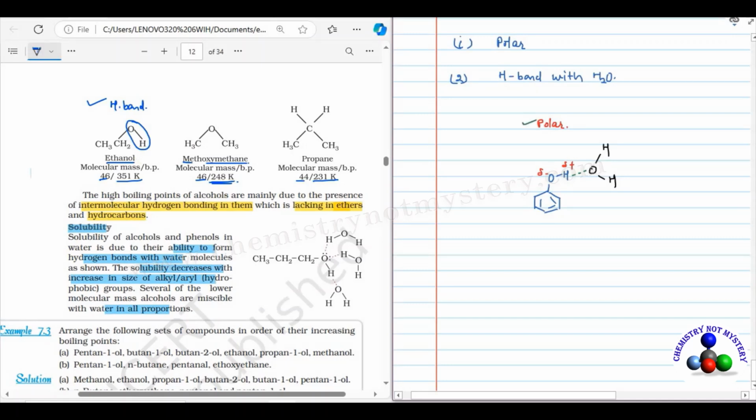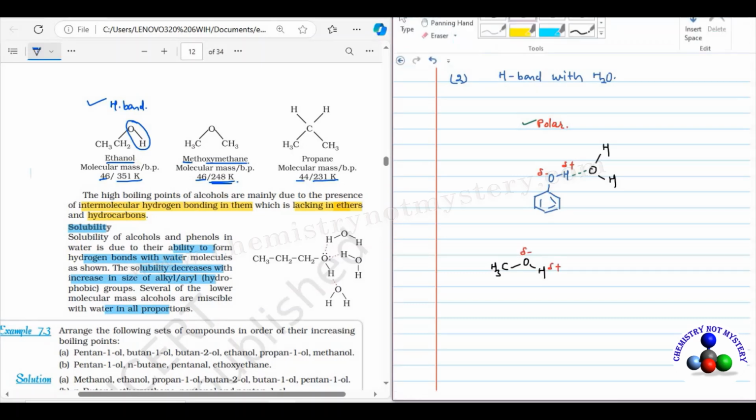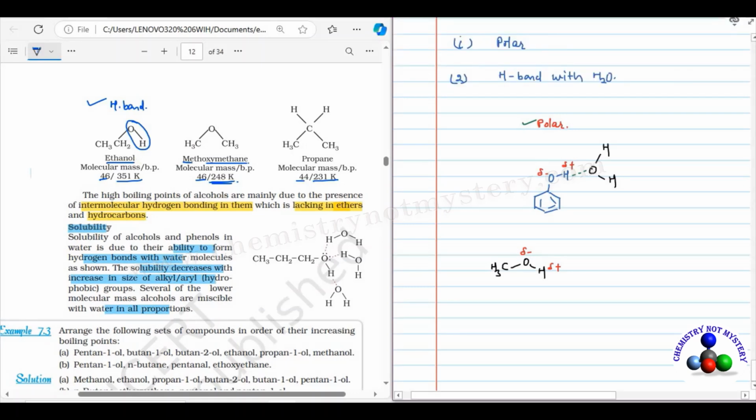Now let's check the solubility of alcohol in water. So this is CH3OH, methanol. And here also there is an electronegativity difference between hydrogen and oxygen. So this is electronegative and this is electropositive. Now you can draw hydrogen bond between methanol and water molecule.